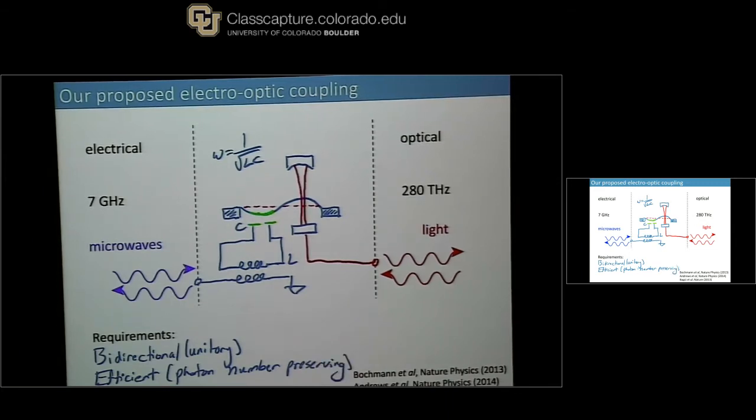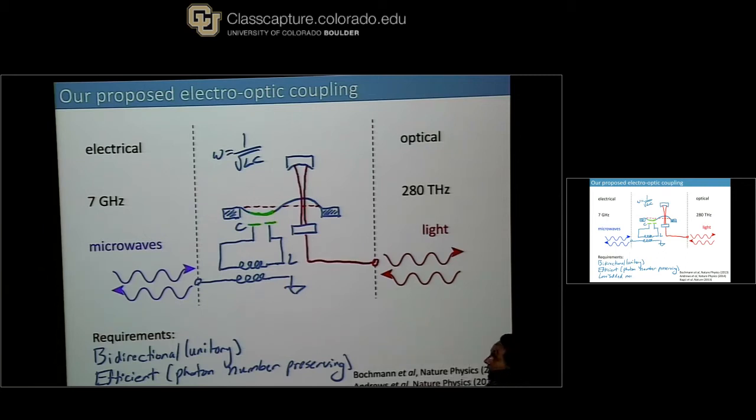And then we also want low added noise. And you could imagine this mechanical element that I just drew there is at megahertz frequencies. And so even in a dilution refrigerator, in principle, you would think that it is thermally occupied. And so that's a good way that you could add noise to this transduction process.